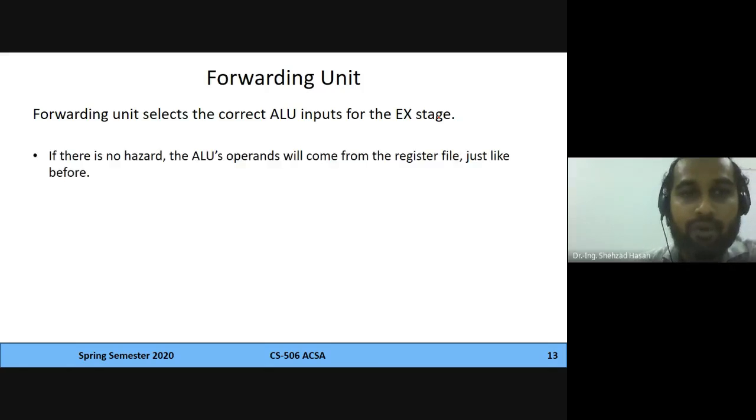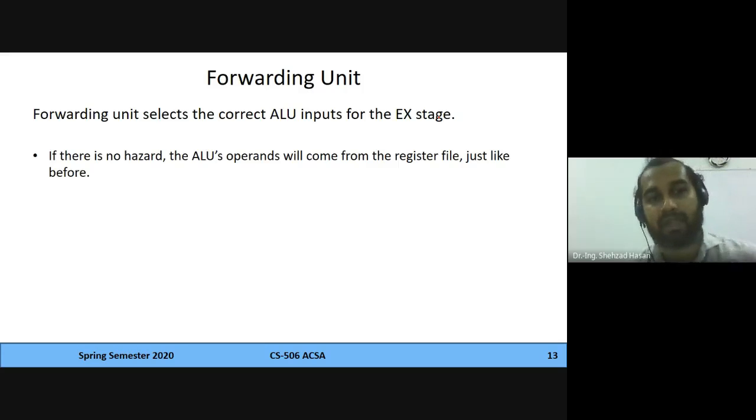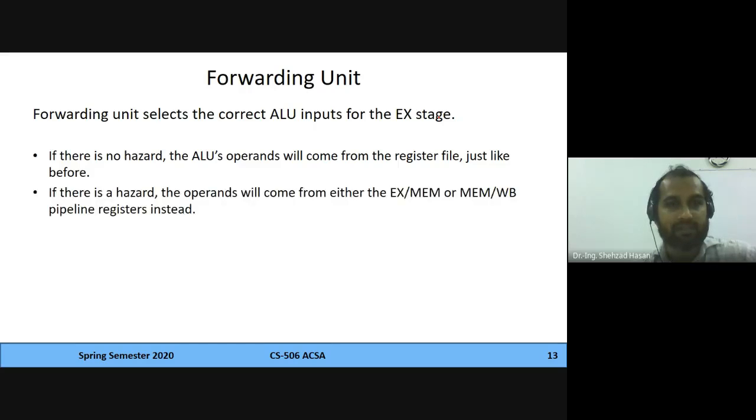Now, if there is no hazard, if there is no dependency, then the ALU operand will normally come from the register file just like before. If there is a hazard, the operand will come from either the EX-MEM pipeline register or the MEM/WB pipeline register, depending on where that particular value currently is.